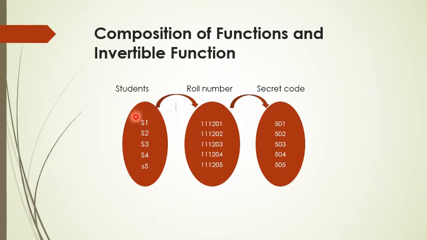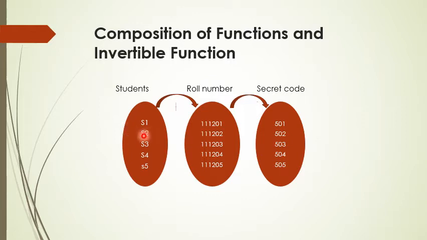Here, the secret code of S1 is 501. How? The roll number of student S1 is 111201 and this number changed to 501. Hence, the secret code of S1 is 501.